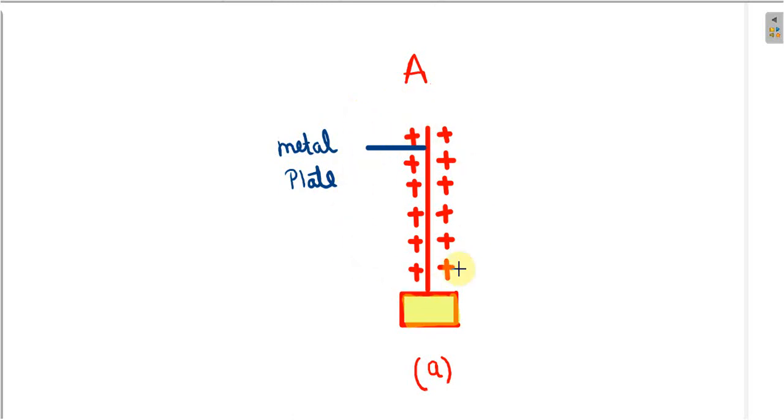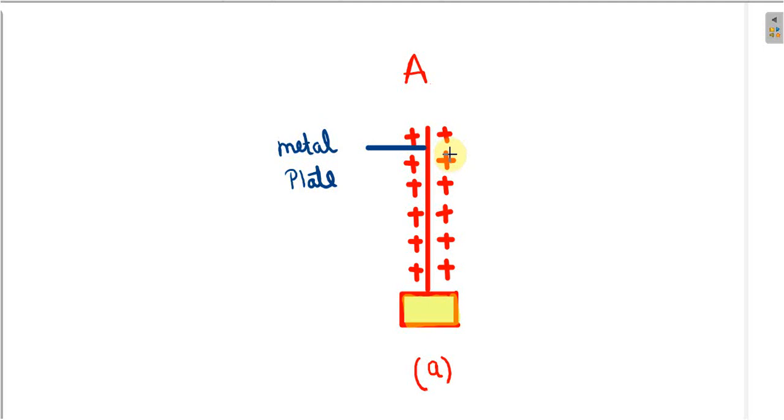We have to give positive charge to this metal plate till its potential becomes maximum. Further charge we cannot give to it because the further charge will leak out from the metallic plate. So now it has the maximum potential.